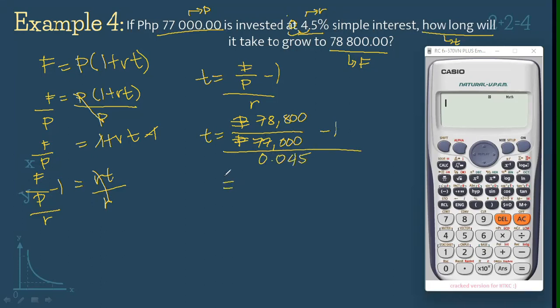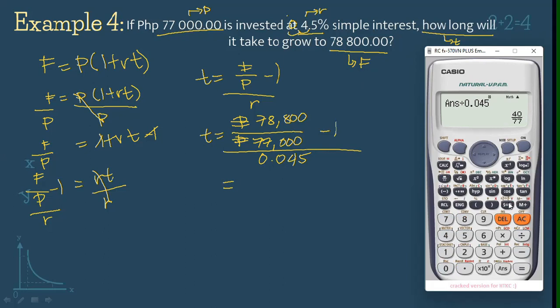Let's go back again to our calculator. 78,800 divided by 77,000 minus 1 divided by 0.045. So that will give us 40 over 70.